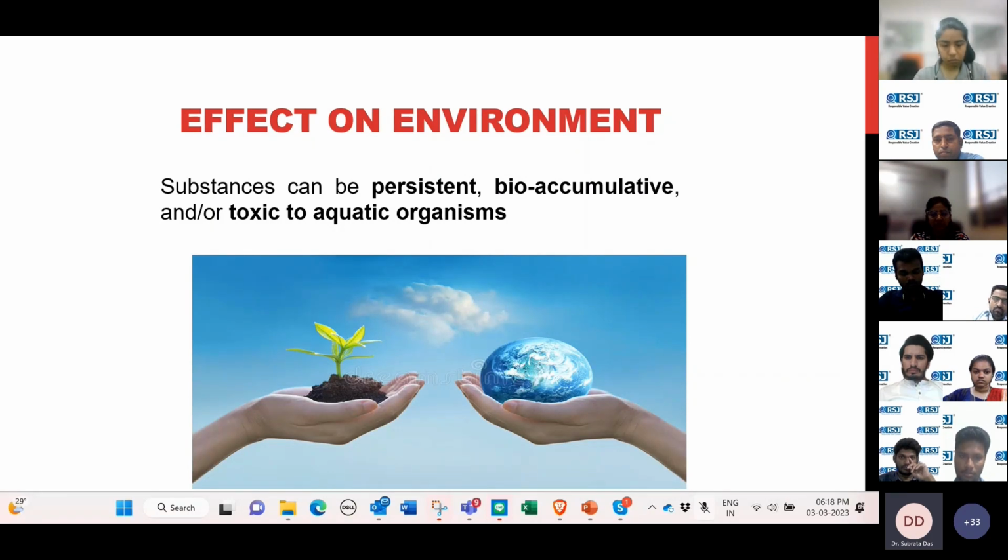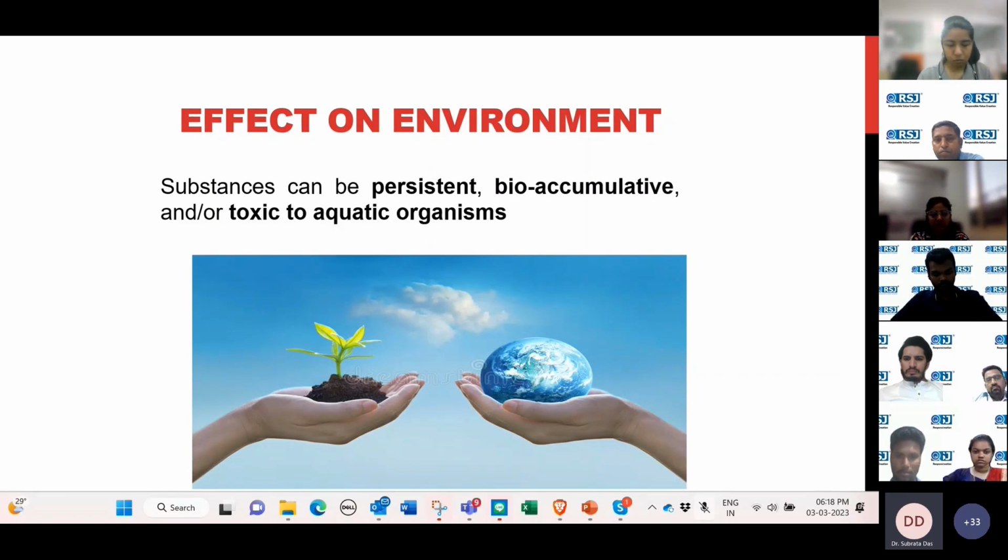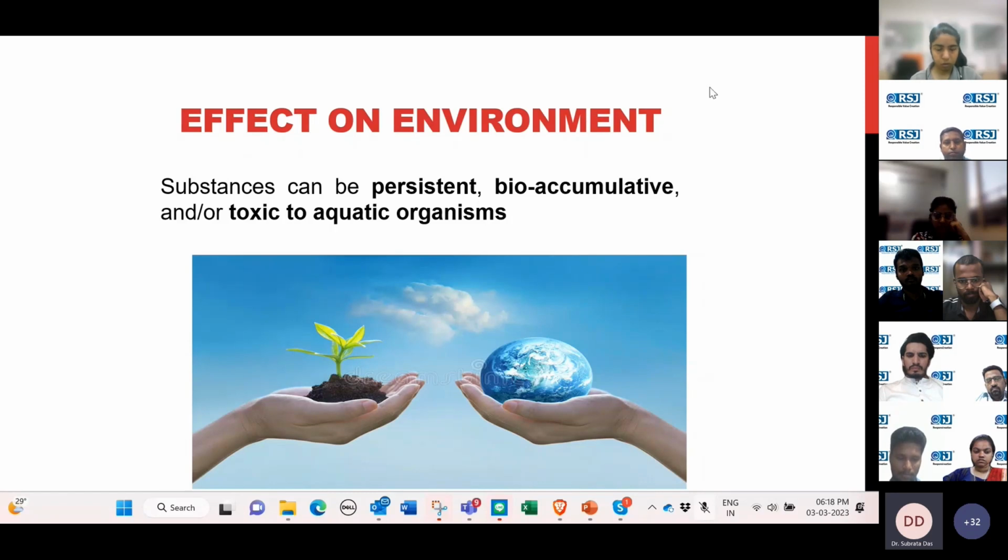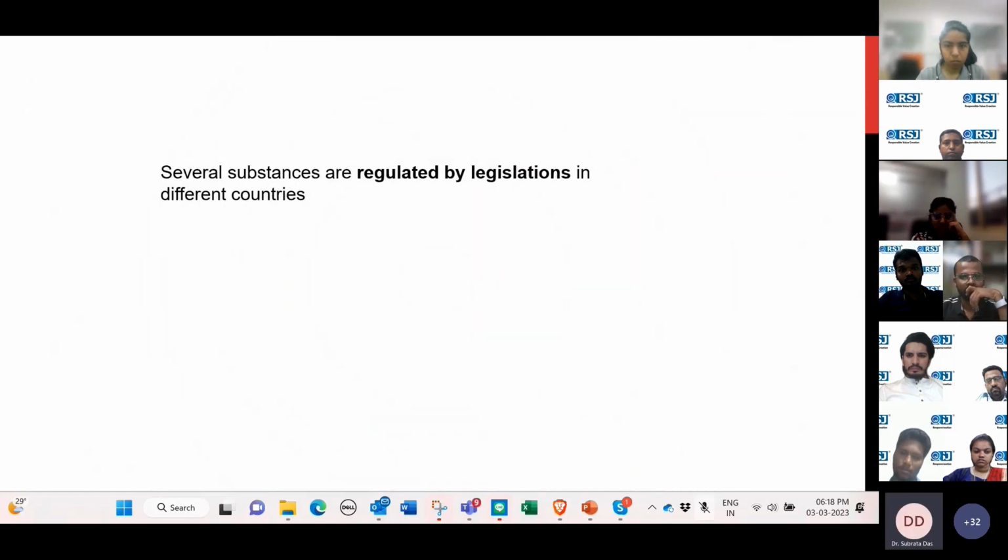It cannot biodegrade, as I already mentioned, for phthalate. So it becomes persistent in the environment and becomes part of the soil. It is bioaccumulative. It goes to the atmosphere and multiplies itself, and is toxic to aquatic organisms. Even marine life is getting affected because of this. That's why those kinds of products become restricted.